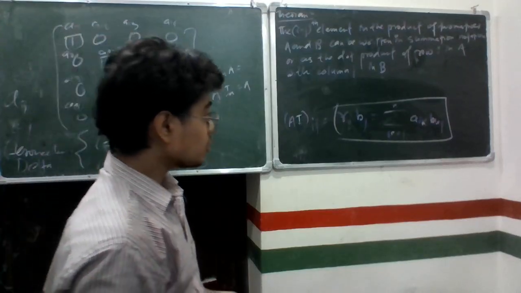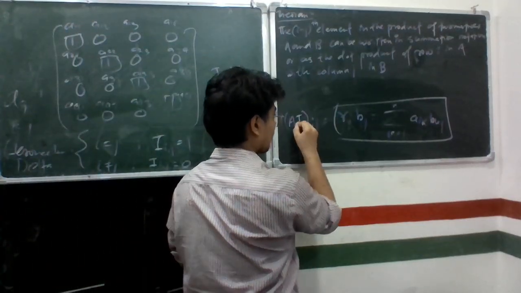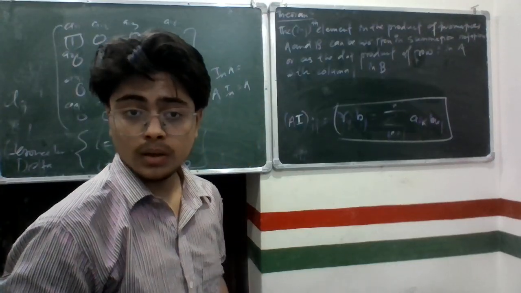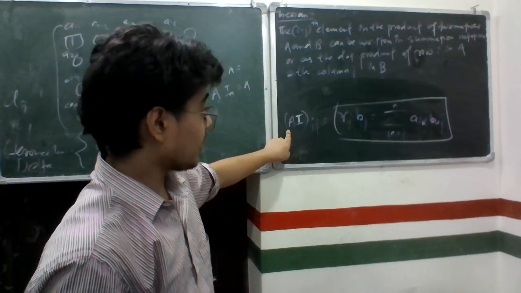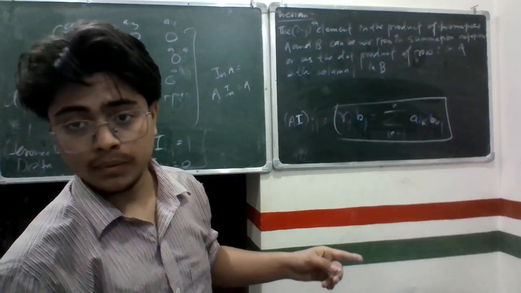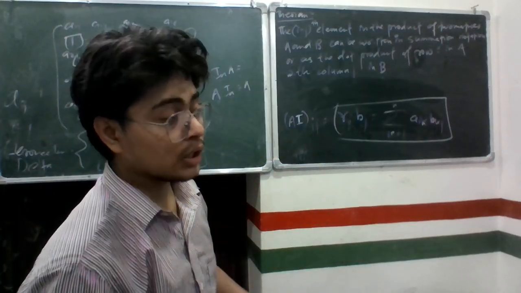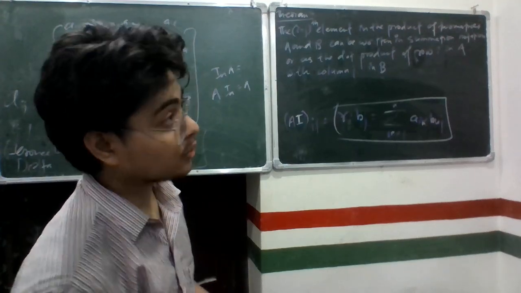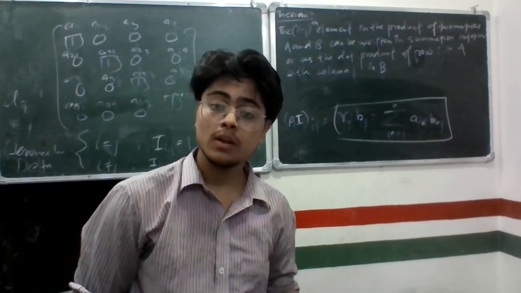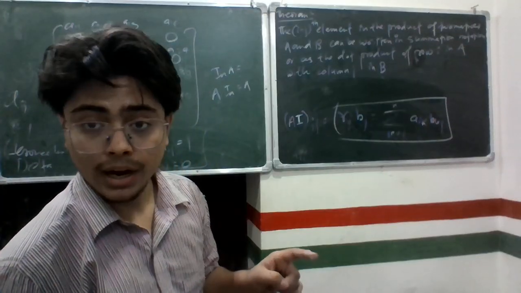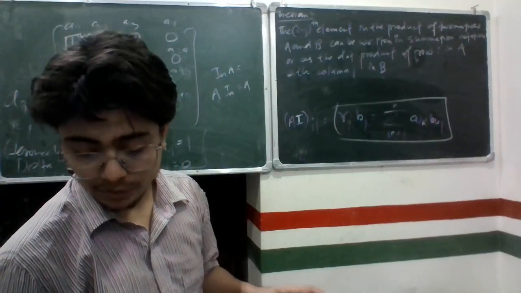Now we also know that the matrix that is multiplying A is not a simple matrix, it's an identity matrix. So it's a matrix which becomes 0 when i is not equal to j, and it becomes 1 when i is equal to j. That means we need to account for that Kronecker delta function.